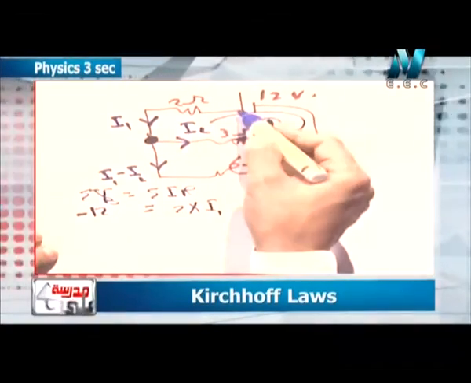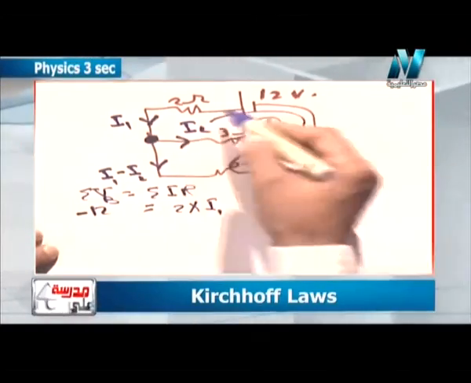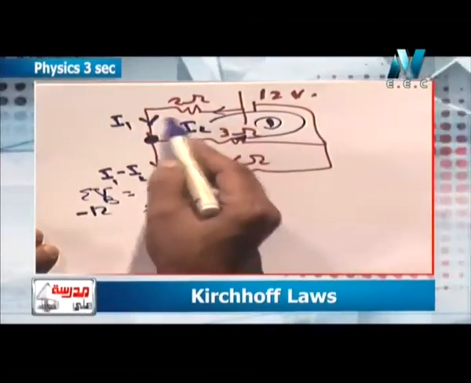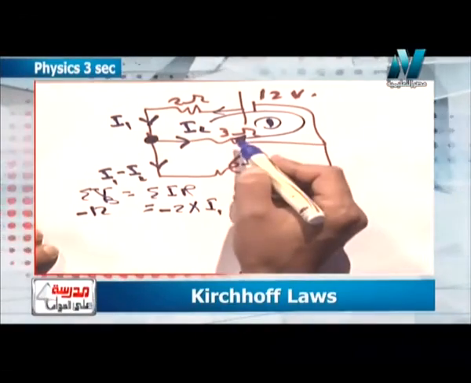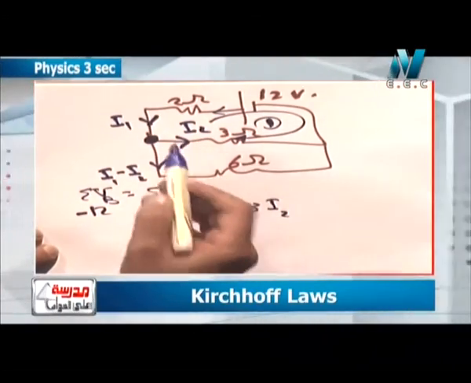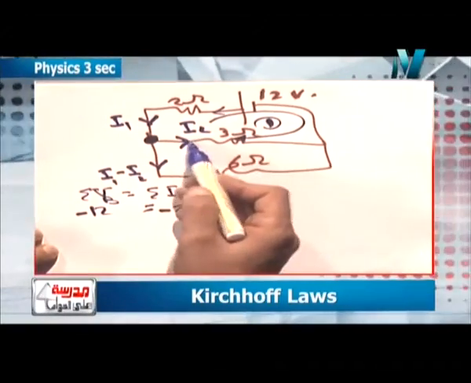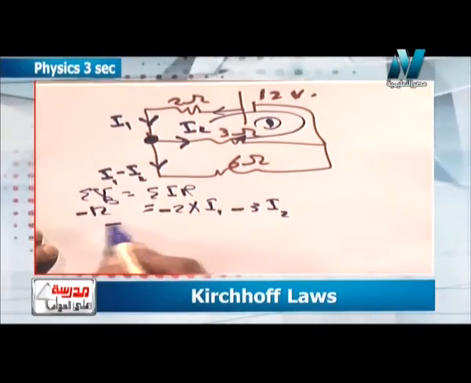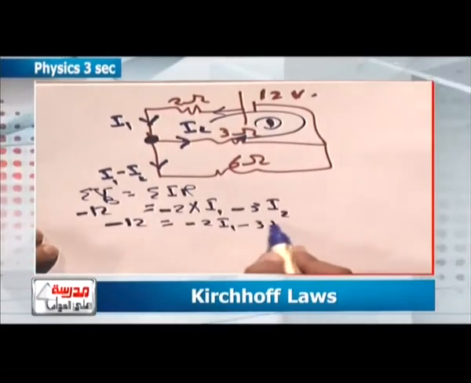The current is going down, but the loop is clockwise and the current is anti-clockwise, so the current is opposite to the loop, so negative here. What else? I3 is 3I2. The current goes to the right while the loop goes left, the current is opposite to the loop, so here negative. Simplify: 12 equals negative 2I1 negative 3I2.